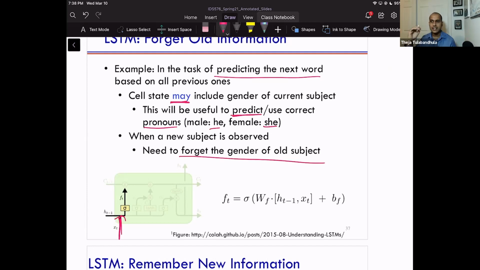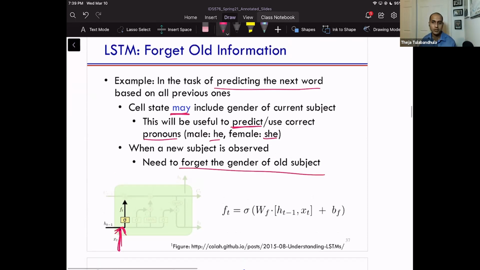So let's say the gender of the old subject happens to be in one of the coordinates of the cell state. This is all interpretation. It's not necessary that we're designating any coordinate to have gender information, but if there's gender information in one of the coordinates, then the new subject should make you forget that coordinate's gender, whatever value it was. It needs to be reset. That's an interpretation that you can make when we say we want to forget old information.